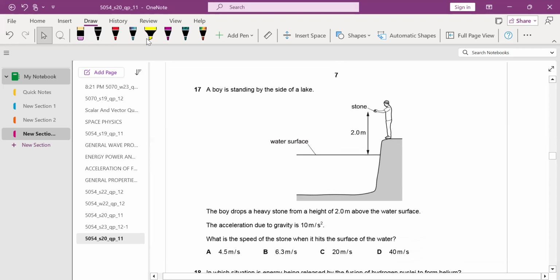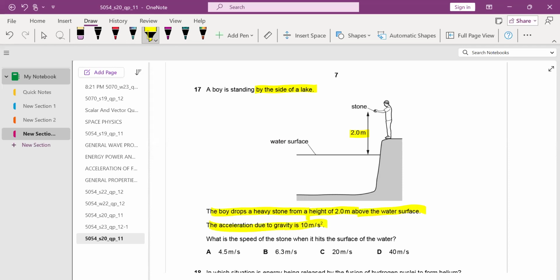Question number 17. A boy is standing by the side of a lake. This is the boy, this is the diagram shown here. Height is given 2.0 meters. The boy drops a heavy stone from the height 2.0 meters above the water surface.